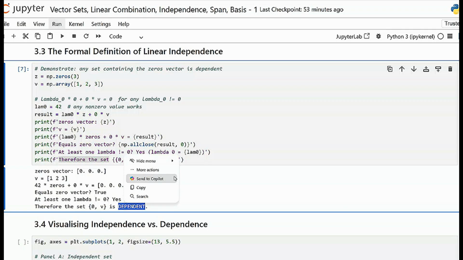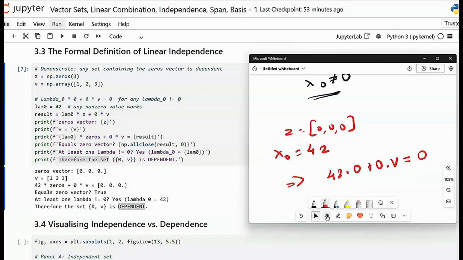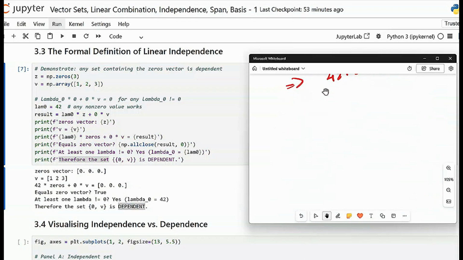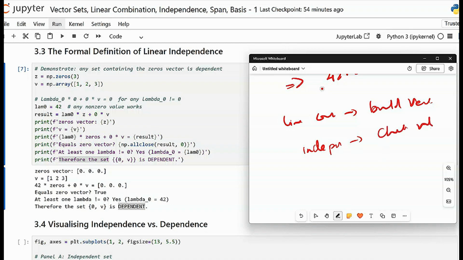Okay, dear friends, here I just want to make a combination of explanation. Kindly observe here. If we have anything as a linear combination, that builds the vectors. And if we have combinations of independence, kindly check for redundancy.